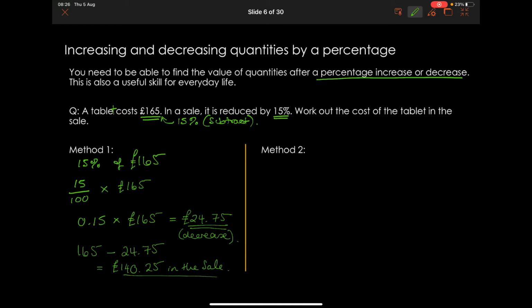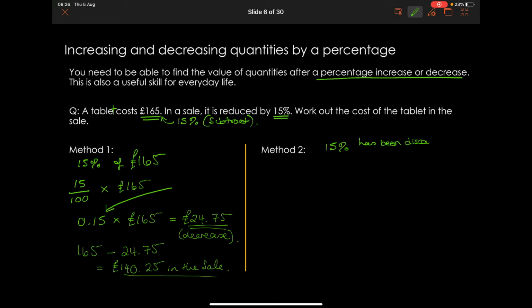Now, what we're doing here is we're using the 15% as the multiplier in order to find out how much was taken off the price. Okay, but in the second method, we're going to use a different multiplier. Now, what we can say is that 15% has been discounted.